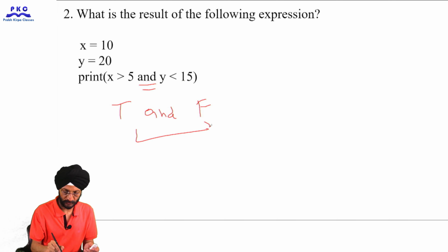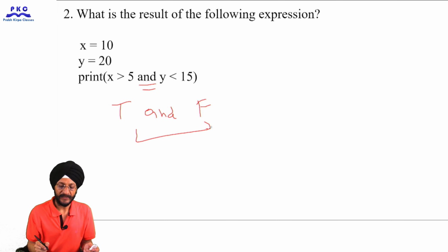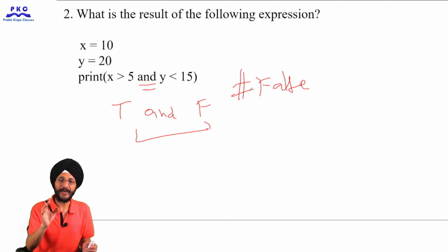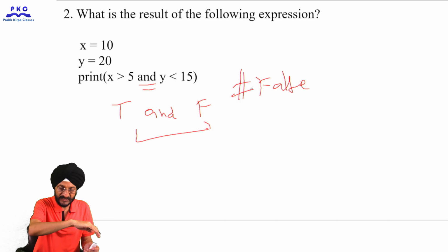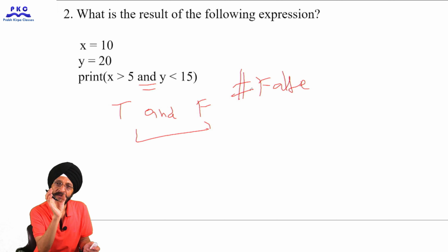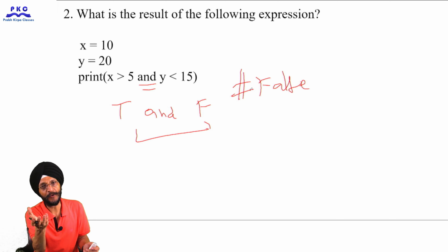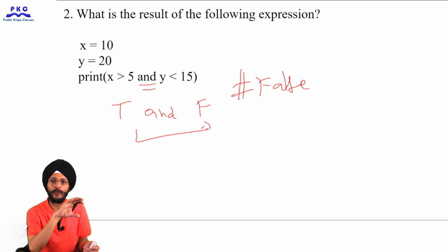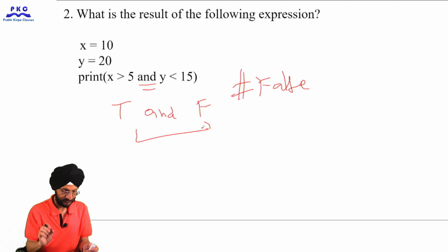So as per the truth table of AND, it is false, because both sides of the expression, that is the first expression and the second expression, both have to be true to result in true. Here one of the conditions is false, the other is true. So the result is false.